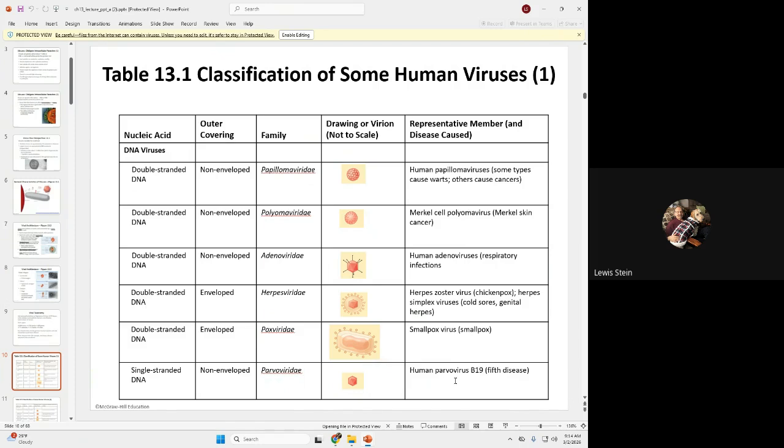So the fifth one down was this, hence the name fifth, the number 5 with a TH. And it was characterized by kids having very, very red cheeks. It was called slap cheek syndrome because of the red cheeks that were there. For those of you who are interested in working in pediatrics, these are the kinds of things that you will see a lot of.